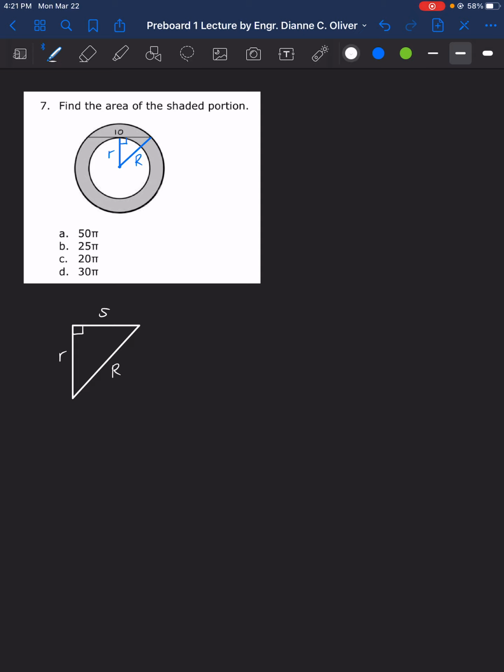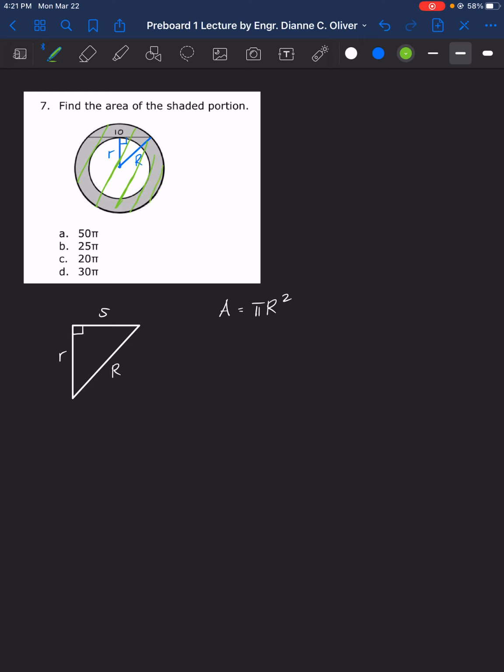Now, to find the area of the shaded portion, we have the formula: area is equal to the area of the bigger circle, pi R squared. Meaning if we take the bigger circle here, we have the full circle.